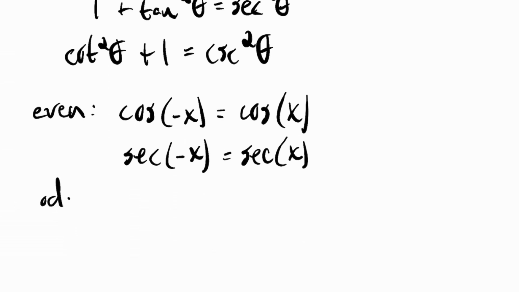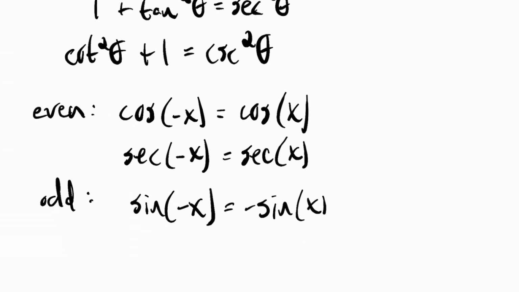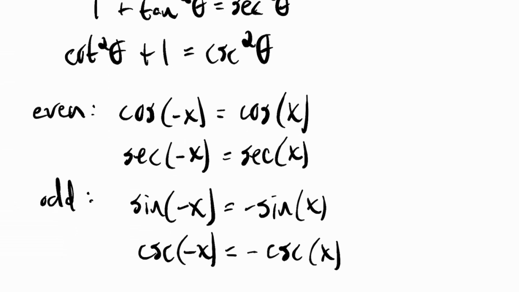Now the odd identities: all the other trig functions are odd. So sine of negative x equals negative sine of x. Cosecant of negative x, being the reciprocal of sine of negative x, is also going to be negative cosecant of x, the negative of the reciprocal of sine.